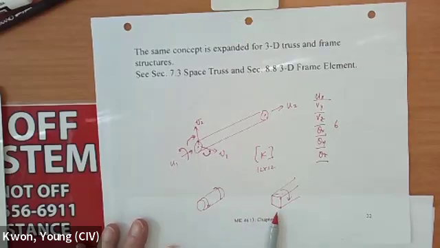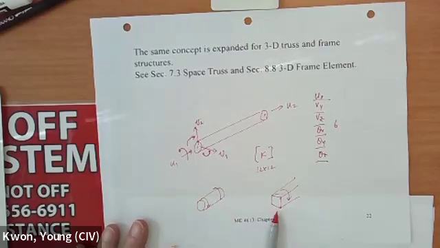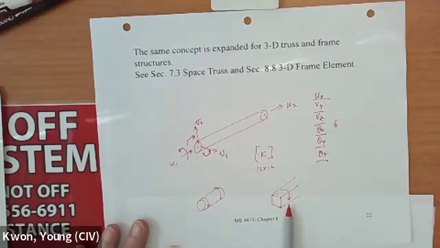Because this one, we have warping of the geometry, right? This one doesn't have any warping. This one has warping. So when you look at the 3D frame structure, and the cross-section is not circular, then you have to be a little bit careful, because what is going to be the stiffness matrix for that geometry.